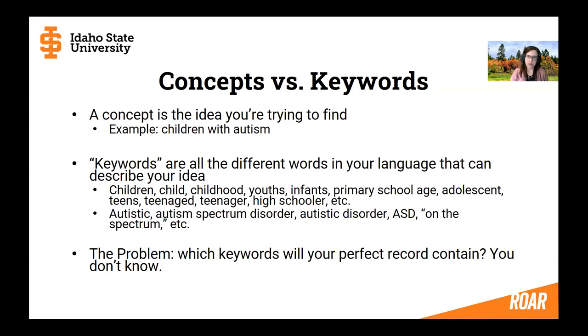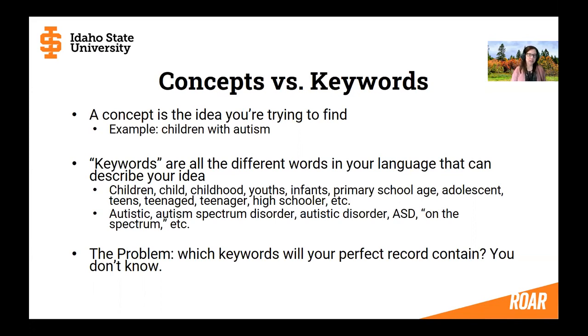Search engines are kind of simple, right? They just do what you ask them to do. If you ask them to find children with autism, that's exactly what they're going to find. What they're going to miss is records that say teenagers with autism, because teenager to a computer is a different word than children.